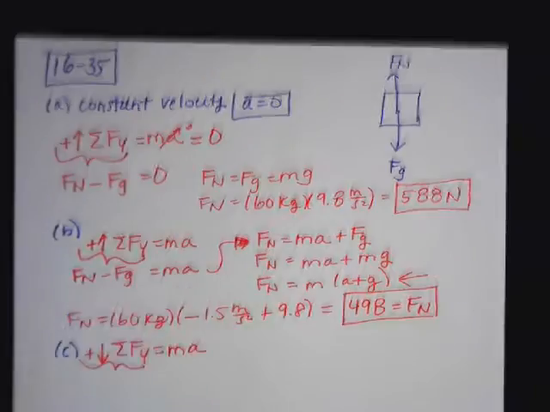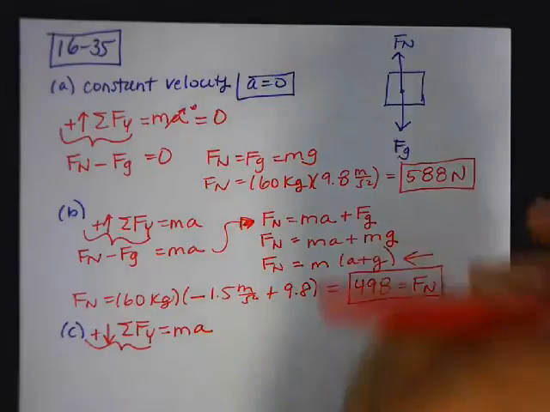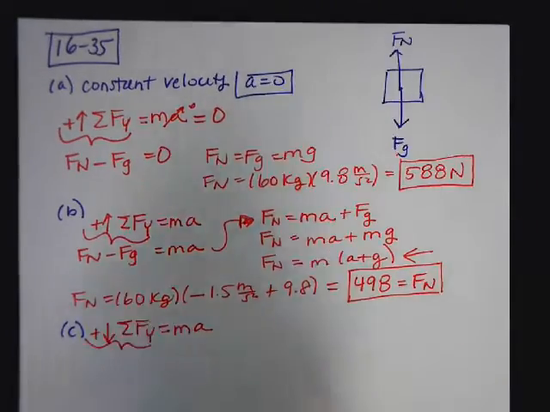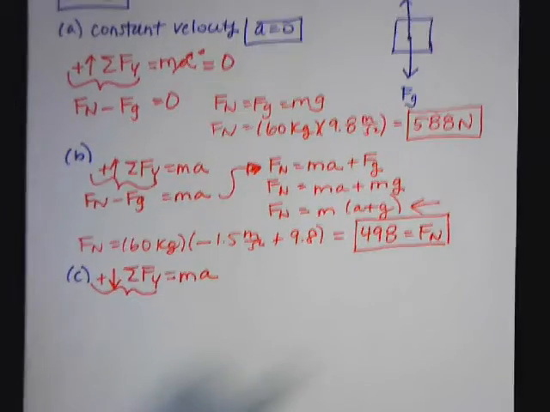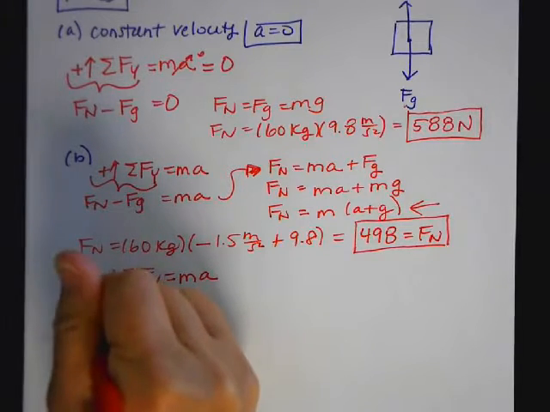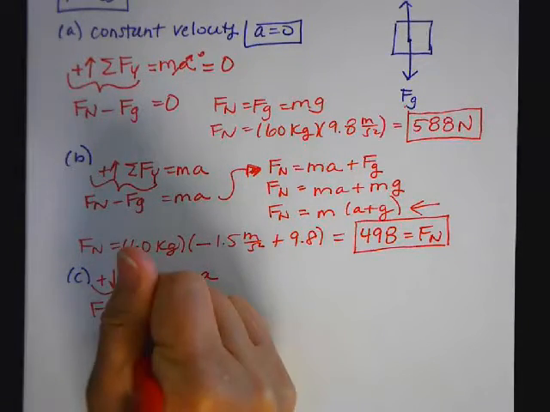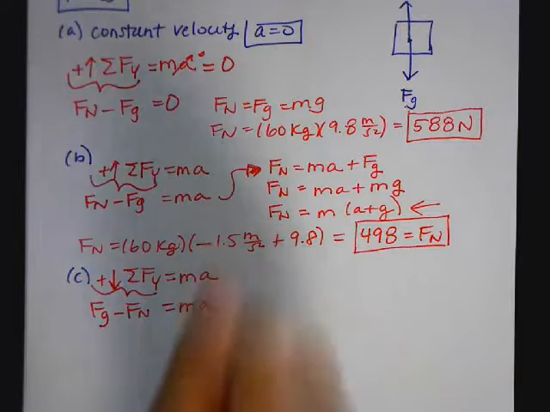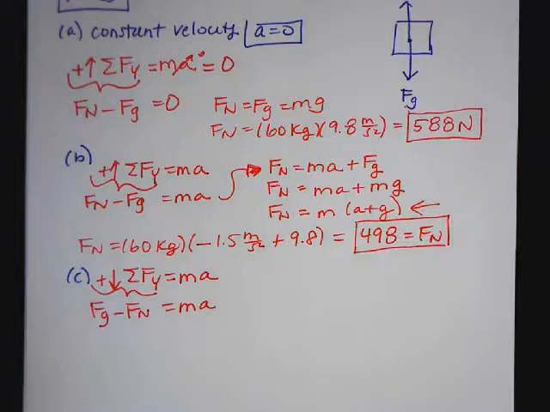Now when I look at my free body diagram, if down is positive, what that means is F_g is positive. So now when I rewrite it, I'm going to say F_g minus F_N is equal to ma.